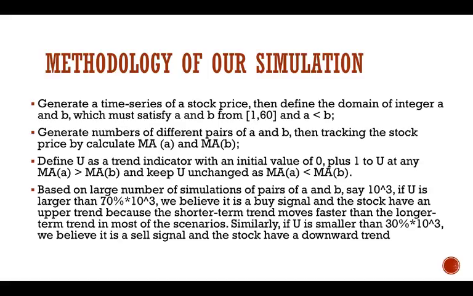Finally, based on a large number of simulations of pairs of a and b, say 1,000 times, if U is larger than 700, we believe it is a buy signal and the stock has an upward trend because the shorter term trend moves faster than the longer term trend in most of the scenarios. Similarly, if U is smaller than 300, we believe it is a sell signal and the stock has a downward trend.